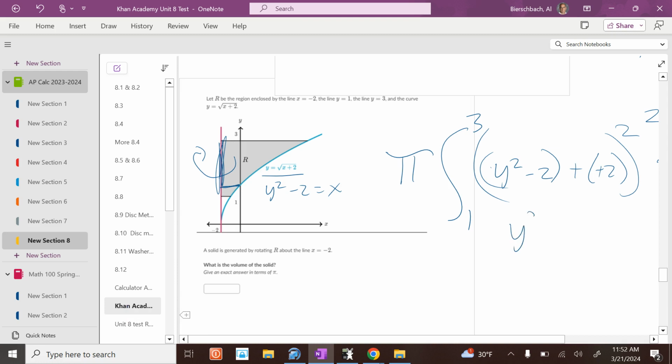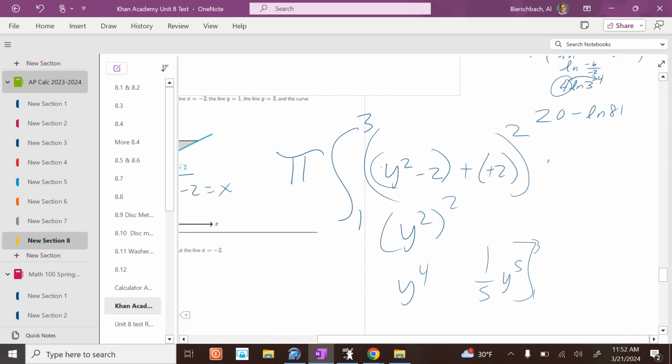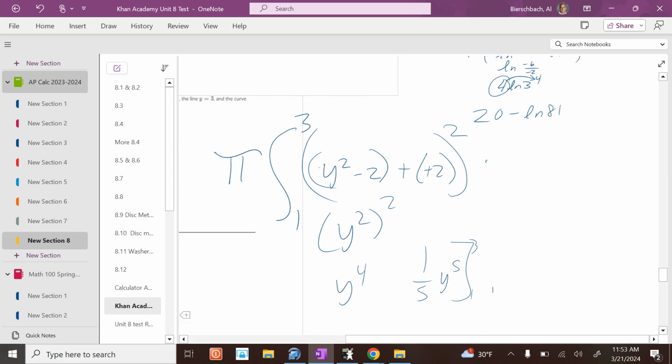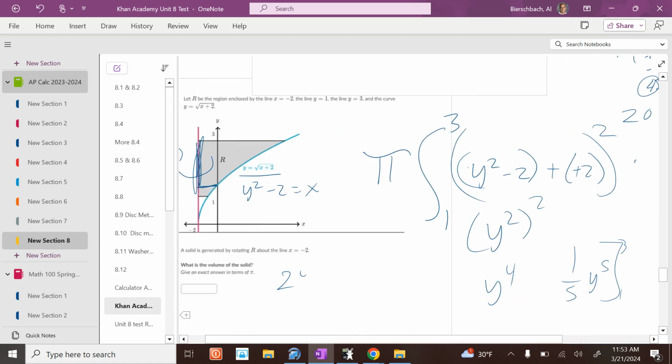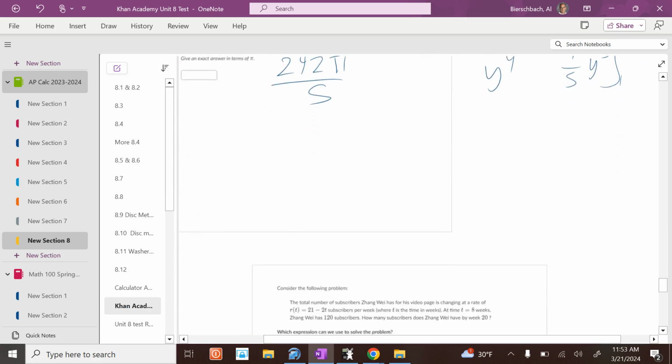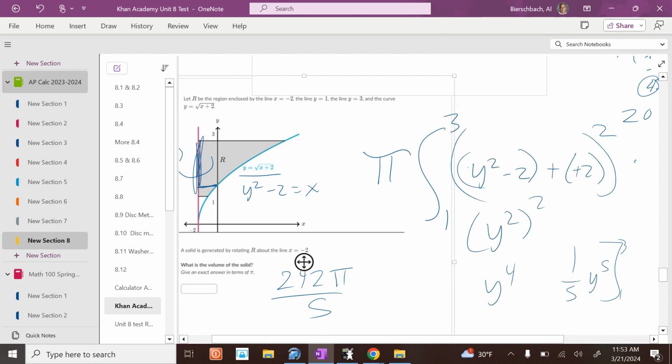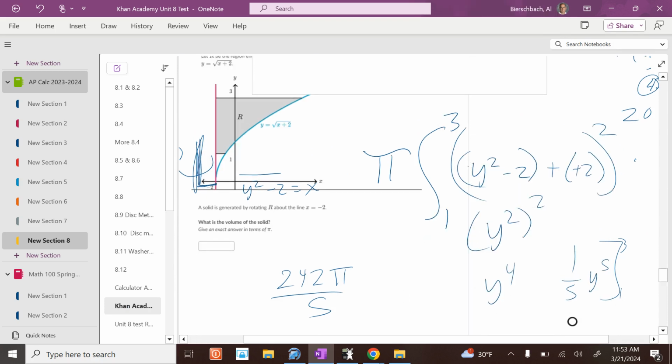So it would just be y squared squared, or y to the 4th, which is 1/5 y to the 5th from 3 to 1. So 3 to the 5th power is 243. So it's 243 over 5 minus 1/5, which is 242 pi over 5, without the use of a calculator, I think.